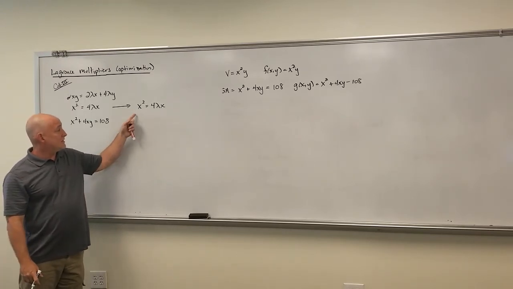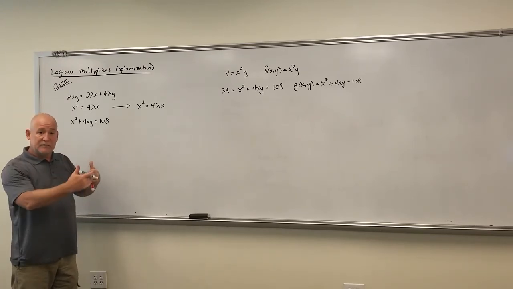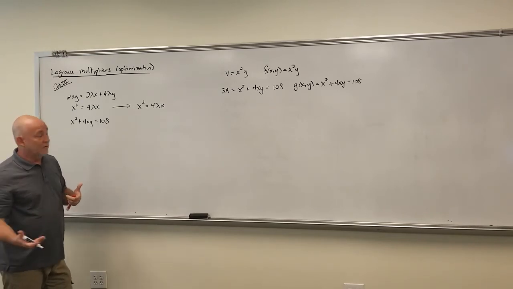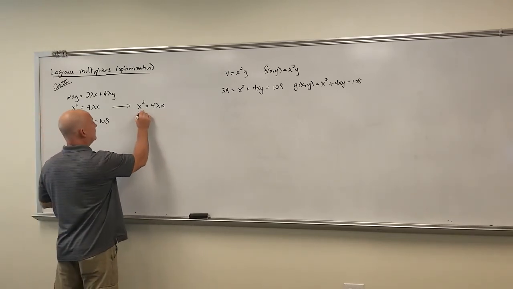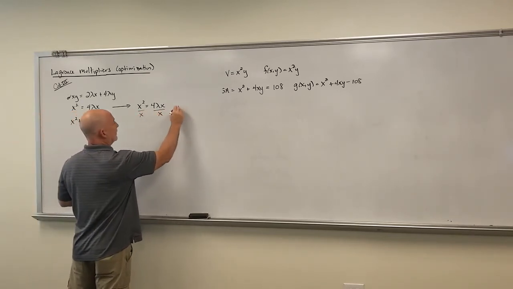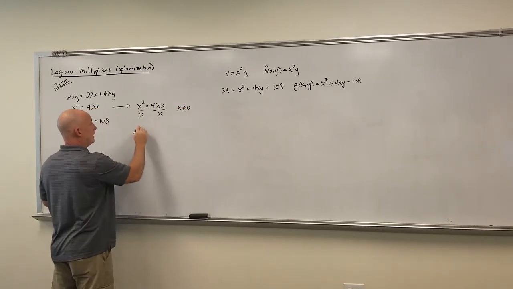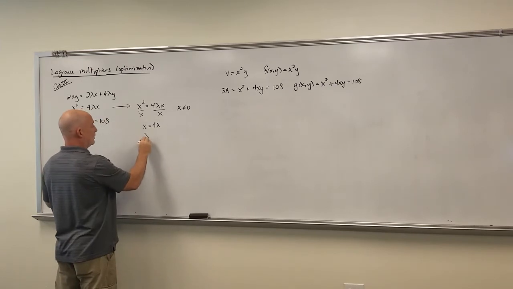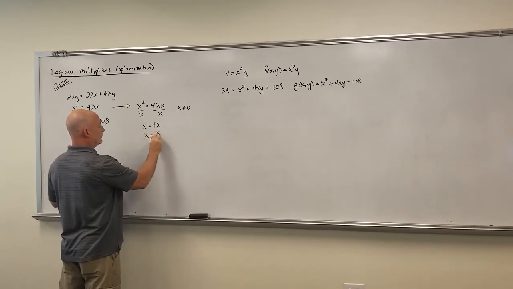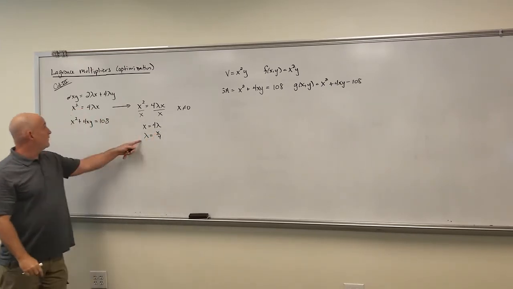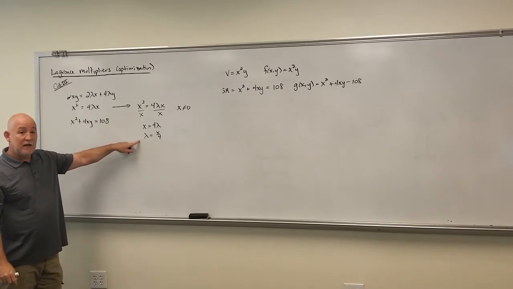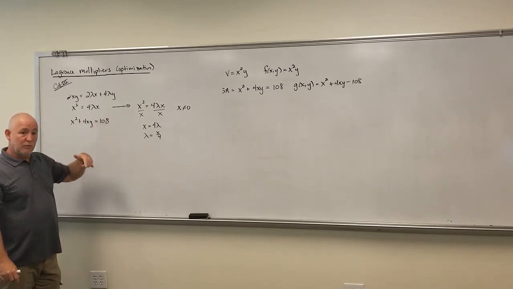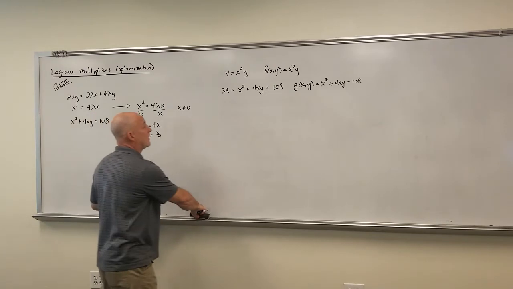However, since x is the length of the side of a box, we know x can't be 0. That wouldn't make any sense. So technically, I can divide out x because I know x is not 0. Now we get x is equal to 4 lambda, or lambda is equal to x over 4. Now notice I solved for lambda because I don't actually care what lambda is, so I want to get rid of it as soon as possible if you can.